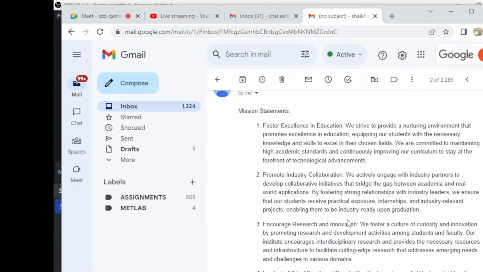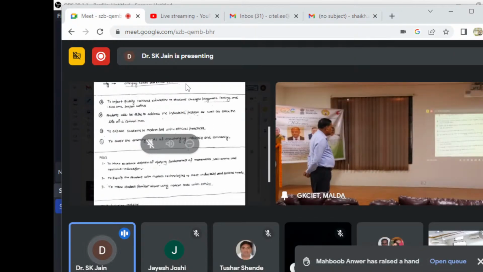Third is to expose students to modern tools with ethical practices. Fourth is to cater to the emerging needs of ever-changing industries and communities.